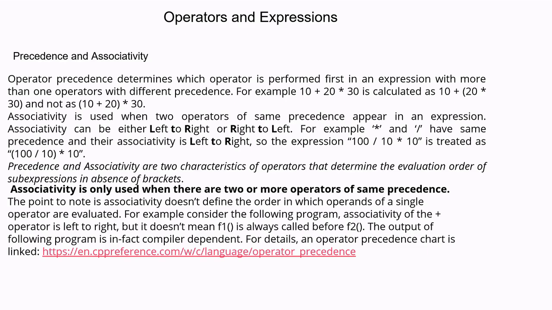The most obvious example of a right to left associative operator is the assignment operator, actually. If you have A equals B equals C equals D, etc., all the way up to whatever value you want to assign them all to, the rightmost one gets evaluated first. So D equals 20, and then C equals D, which is 20, and then B equals C, etc. It wouldn't work the other way around because all of the values would just be garbage until you assign them.